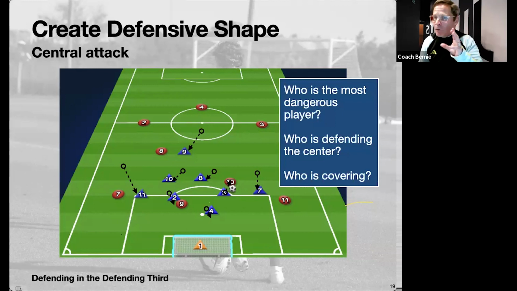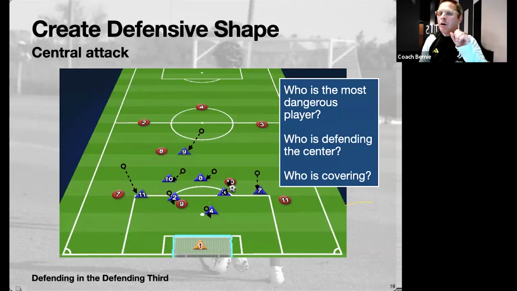But you have to evaluate the moment. Who's the most dangerous player on the pitch or in my part of the pitch right now? Who is marking the center? I can't remember who pointed it out at the beginning, who I called on, and very astutely said the ball's got to come back to the middle eventually in order for it to go in the net. That's just physics. Who is marking the center?